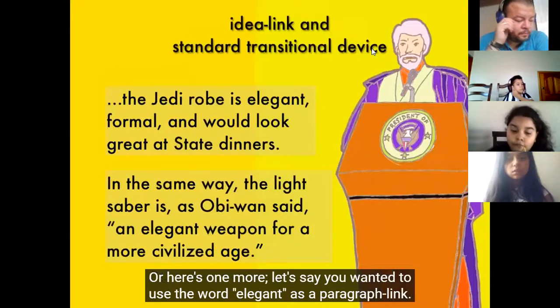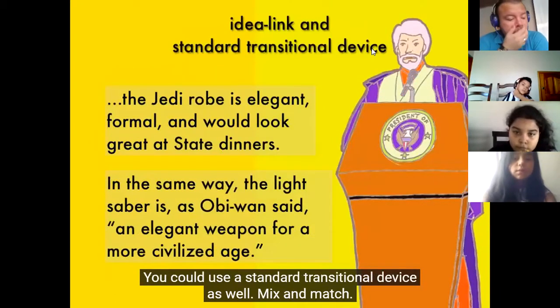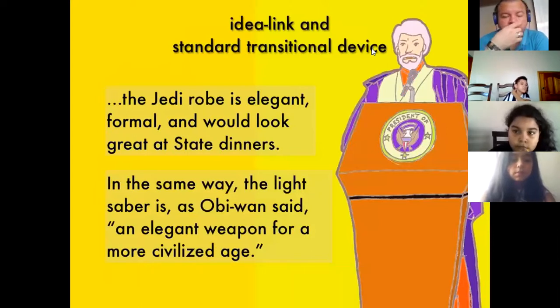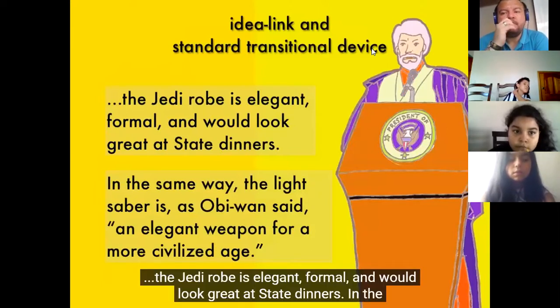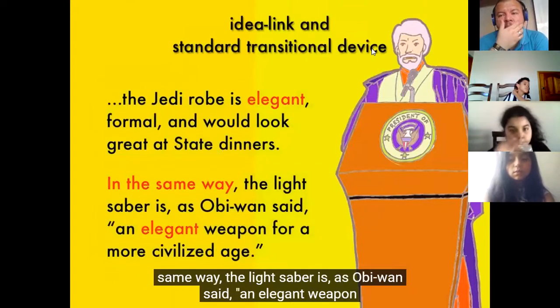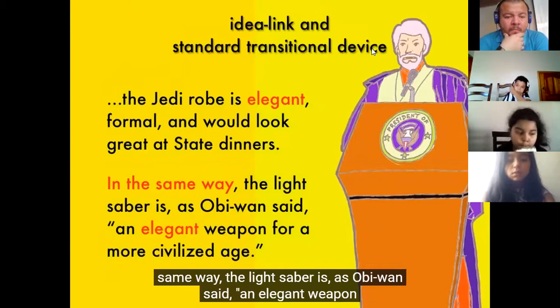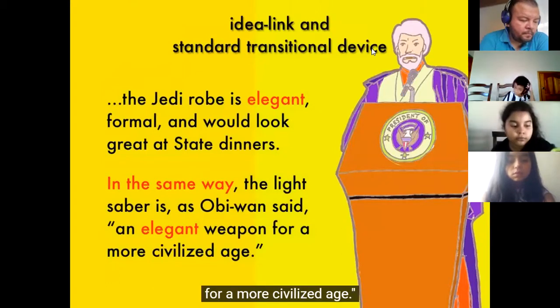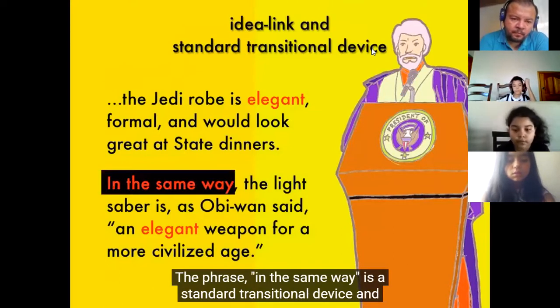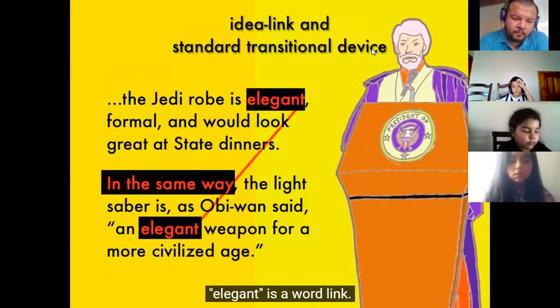You could use a standard transitional device as well. Mix and match. The Jedi robe is elegant, formal, and would look great at state dinners. In the same way, the lightsaber is, as Obi-Wan said, an elegant weapon for a more civilized age. The phrase in the same way is a standard transitional device, and elegant is a word link. Using both makes your transition even stronger.